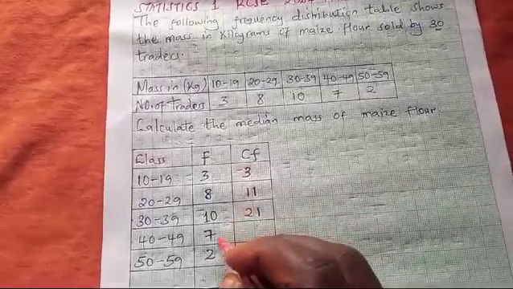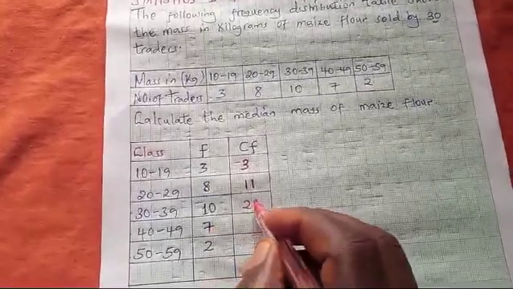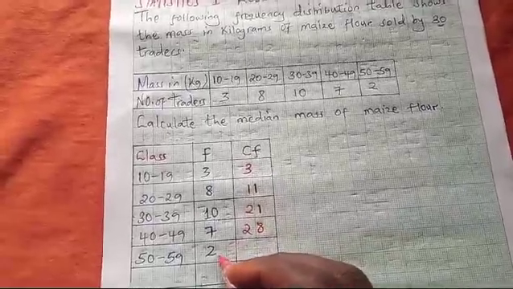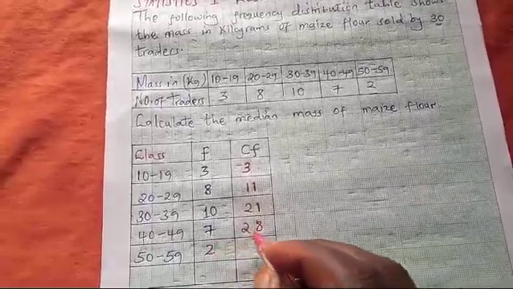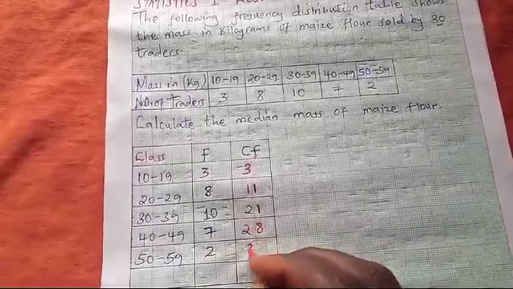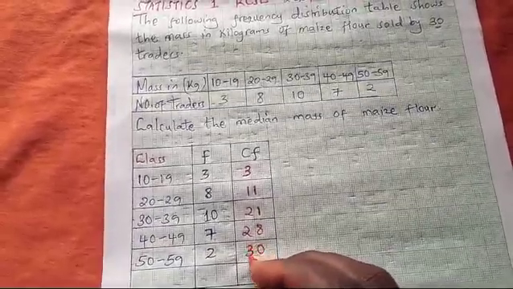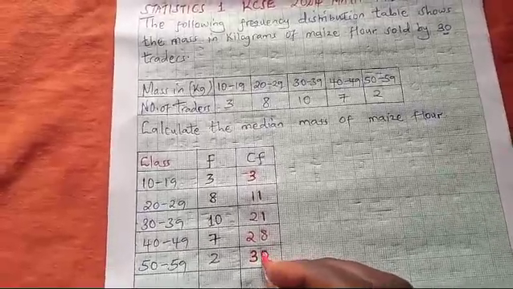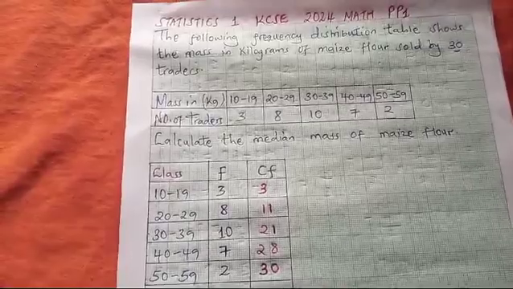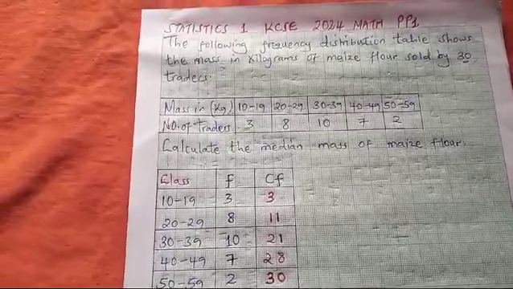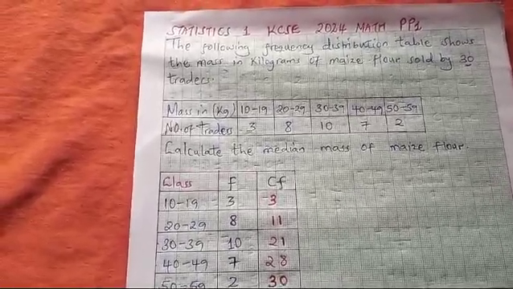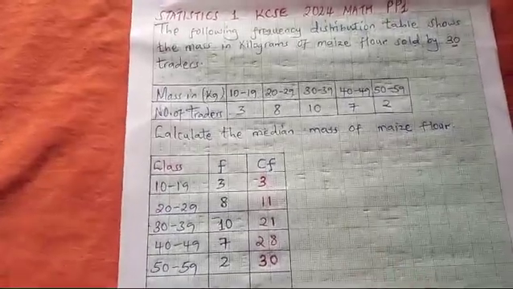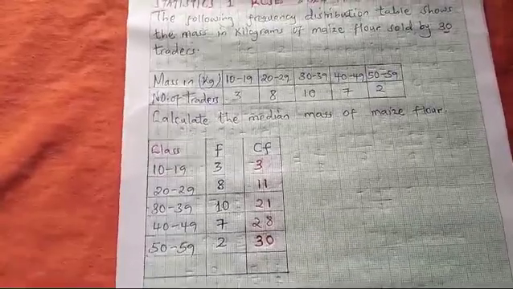The next one is 7 plus 21, which gives us 28. And finally, 2 plus 28 gives us 30. And 30 is the number of traders that were involved in this whole exercise, so we have 30 as our highest cumulative frequency.